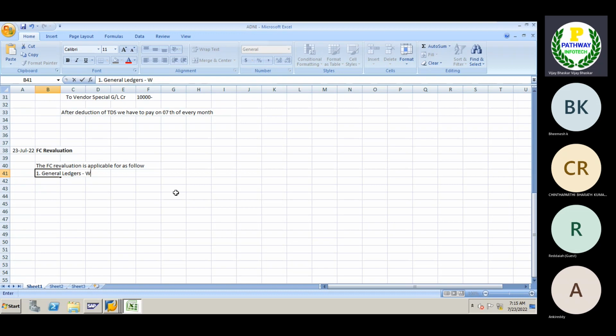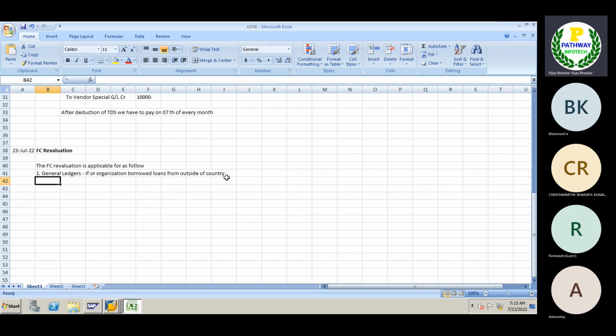Suppose we have any loans, if our organization borrowed loans from outside, outside meaning other than local. Suppose in India, we have borrowed loans from outside of the country, then the currency in which we borrowed the loan, the local currency being India.